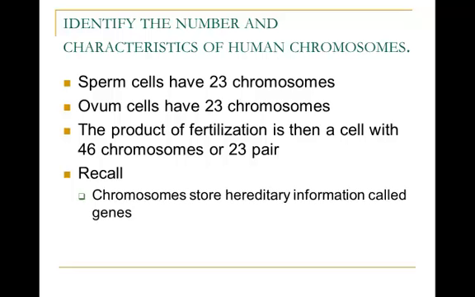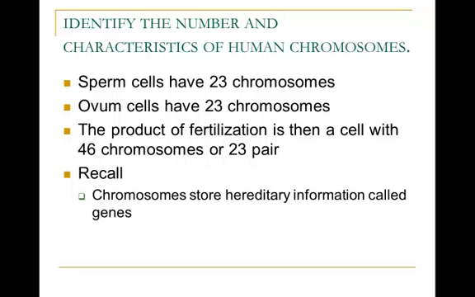Those each have 23 chromosomes, so that when they come together you have the 46 chromosomes for a new individual, 23 pairs, one of each coming from the mom and the dad. This is our hereditary information, and chromosomes have genes inside them.